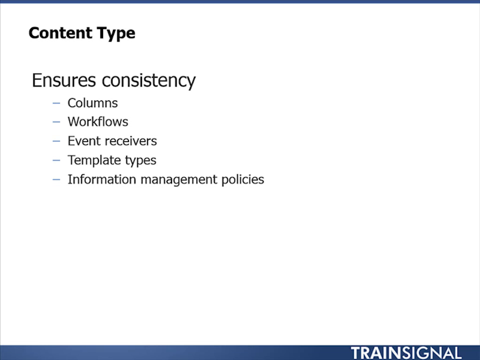Content types are all about ensuring consistency. A content type gives us the ability to ball up inside of one entity columns, workflows, event receivers, template types, and information management policies.